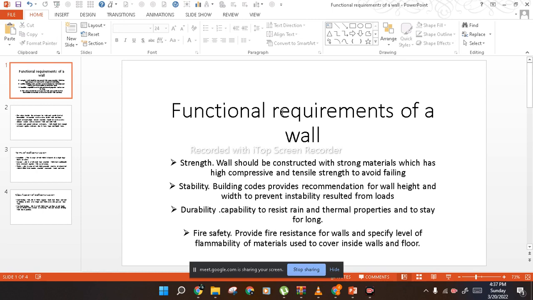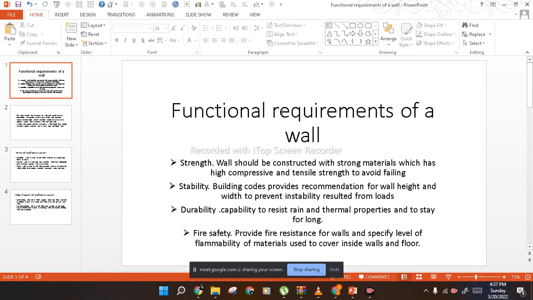Okay, number one, we have strength. Yes. Stability. Yes. Durability. Yes. And fire safety. And if I may ask you, what do you understand by the word fire safety? Can you be able to define it?